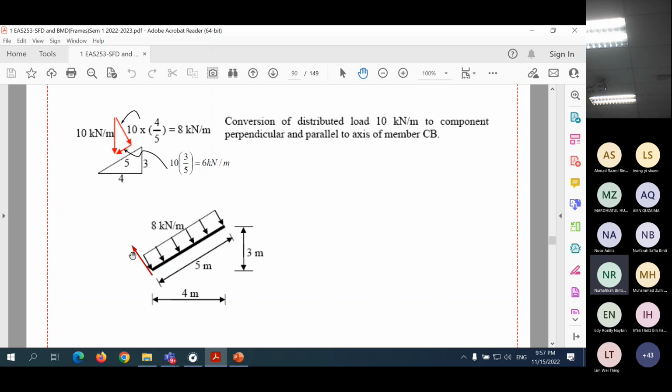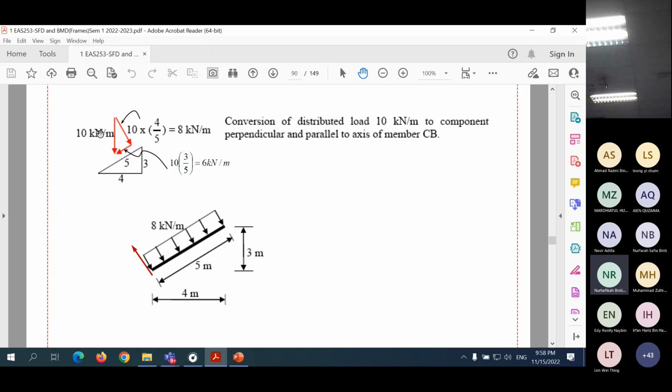So in order to determine the positive direction of shear force in this direction, we have to write down the equilibrium equation following these inclined directions. To do that, you need to find the component of the loading, everything, in these directions.